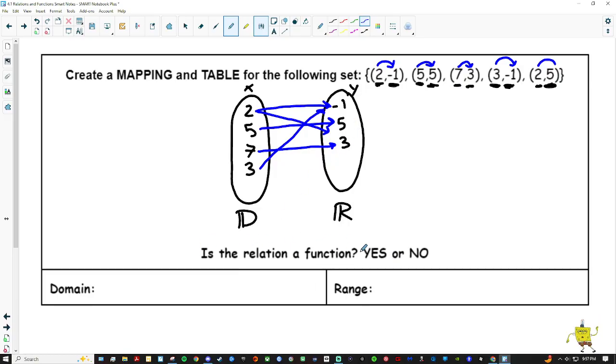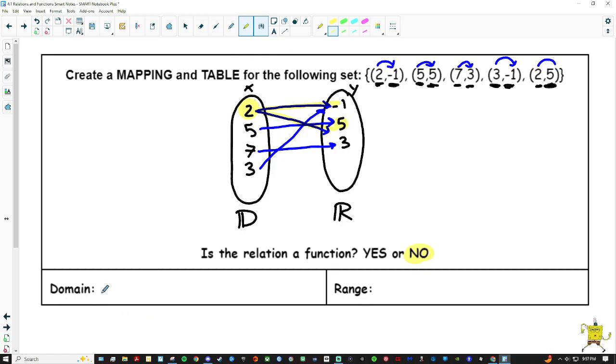Is this a relation? Or is it a function? Let's find out. I'm looking, and right off the bat, I see that 2 goes to -1, and 2 goes to 5. Since 2 goes to 2 different numbers, this is not a function. 2 has 2 outputs, so that's an immediate fail.